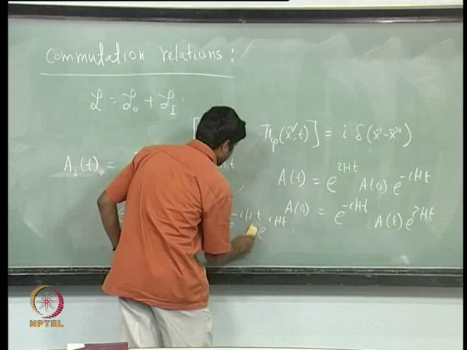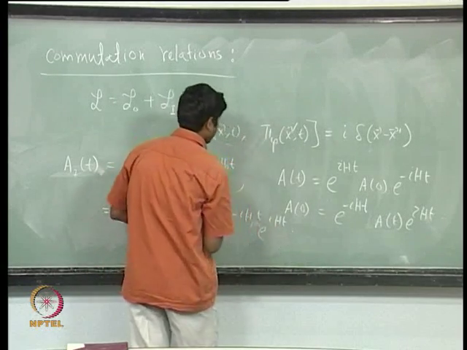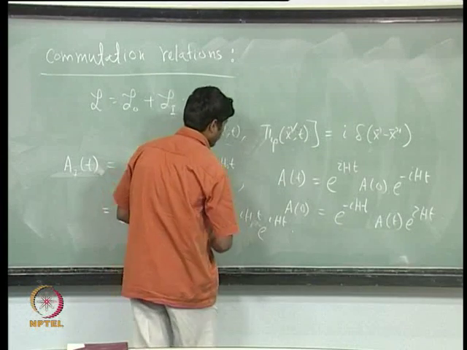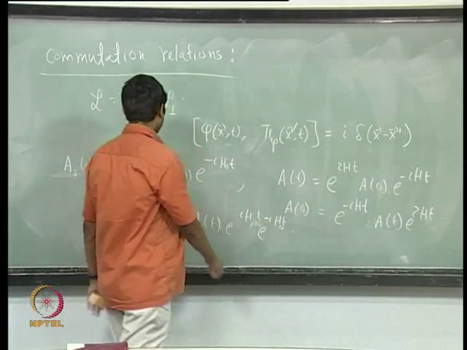E to the power i H t will come first with a plus sign and then e to the power minus i H0 t.